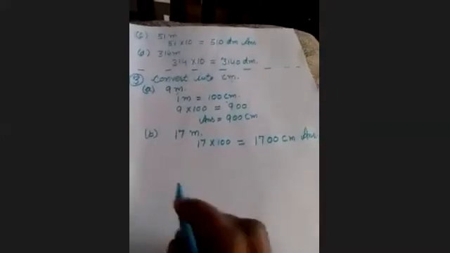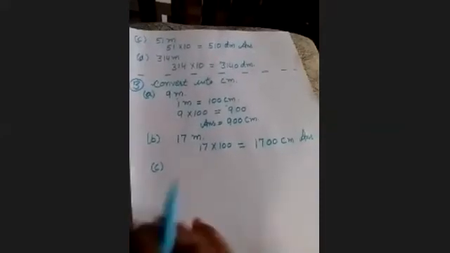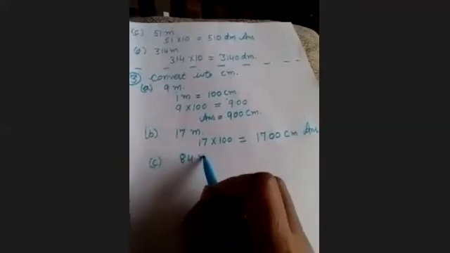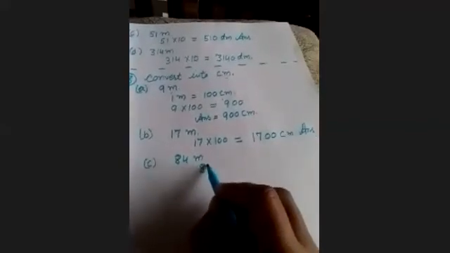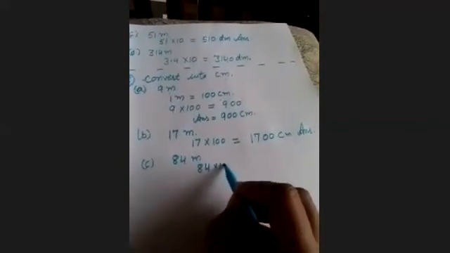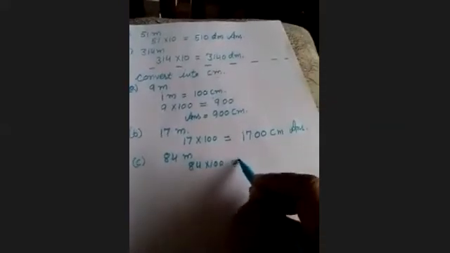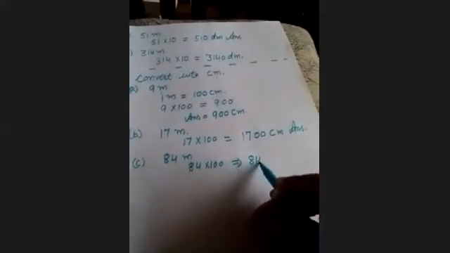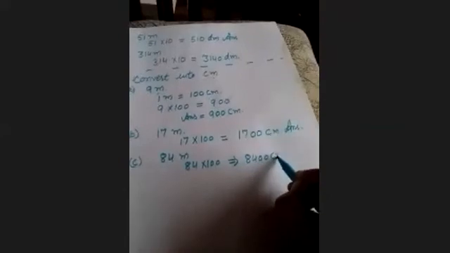Next is part C, 84 meter. 84 multiplied by 100 is equal to 8400 centimeters.